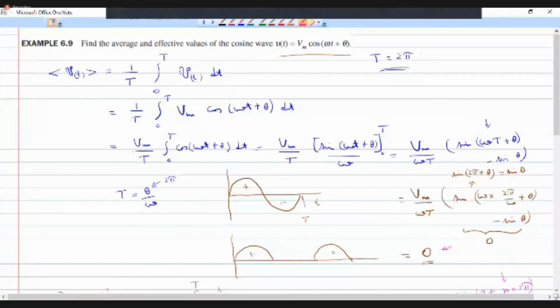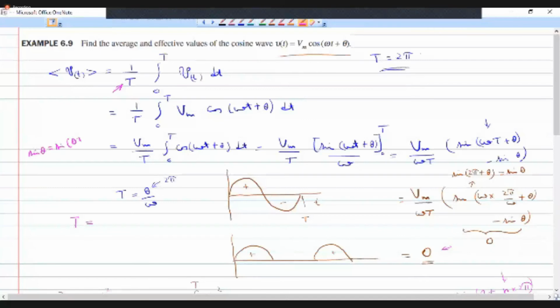Now I have to find out the value of this omega t plus T. Here we have written it as capital T. What is T? T is called the time period. For a sinusoidal function, sine theta is equal to sine of theta plus 2 pi.